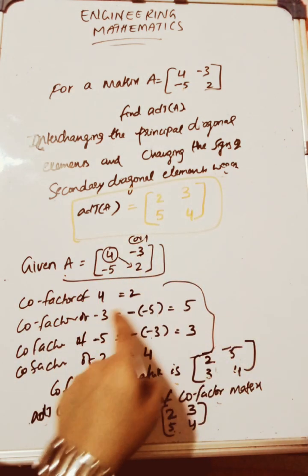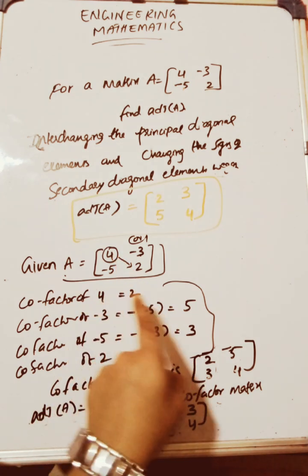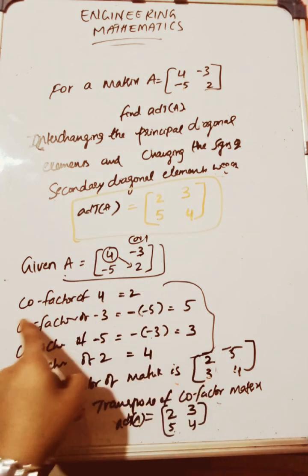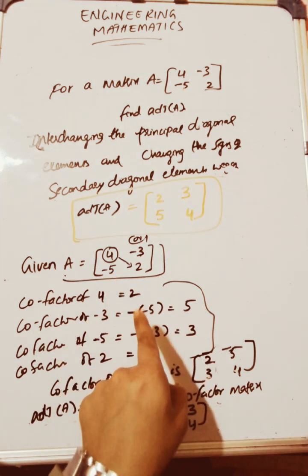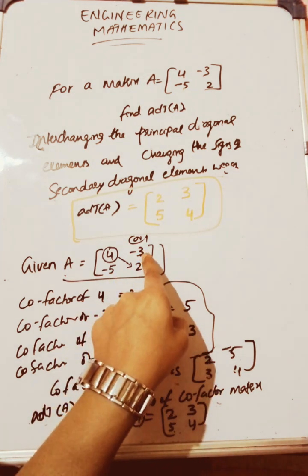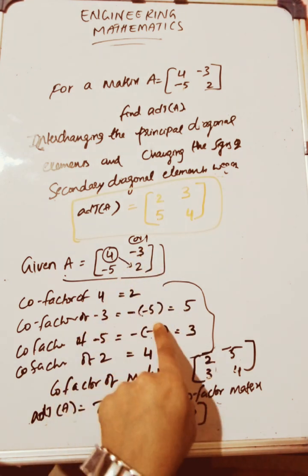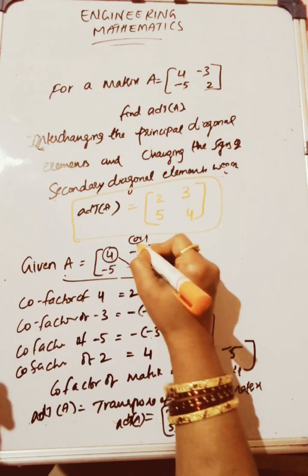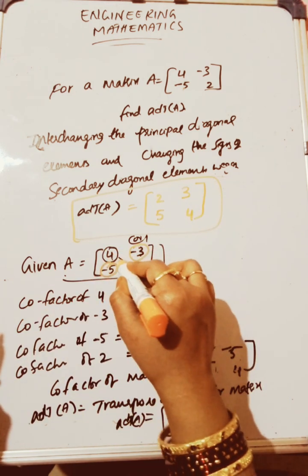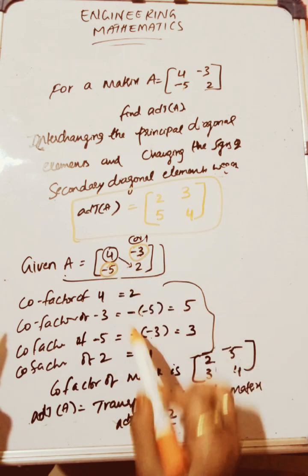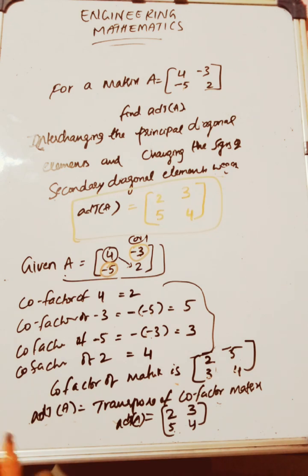Here I find the cofactor of each element; for the second element, it is the diagonal element with its sign interchanged. Only the secondary diagonals we change the signs of, while the first diagonals we just interchange. That is the logic. Don't forget that.